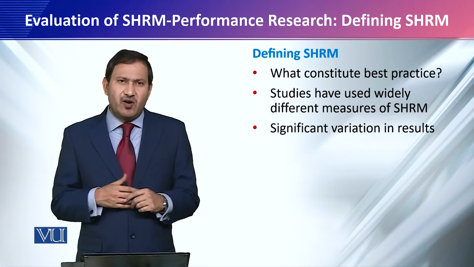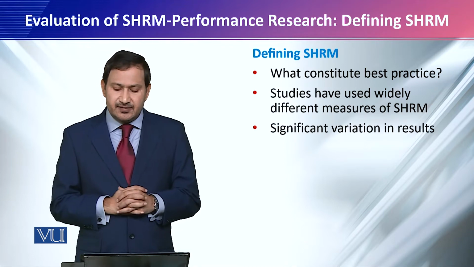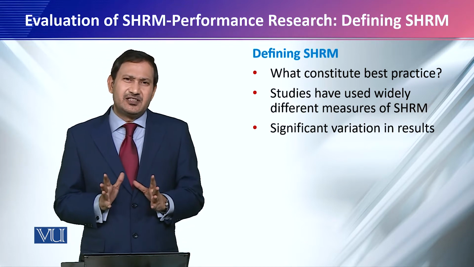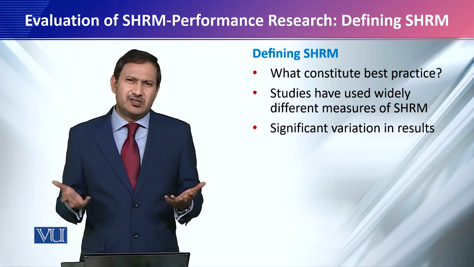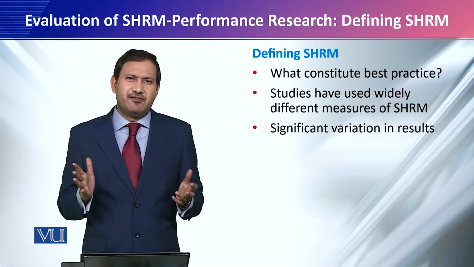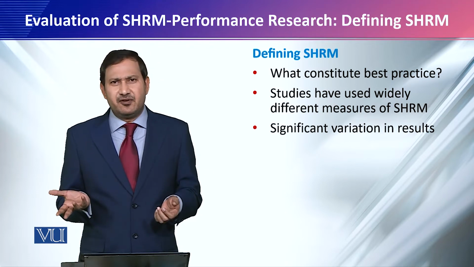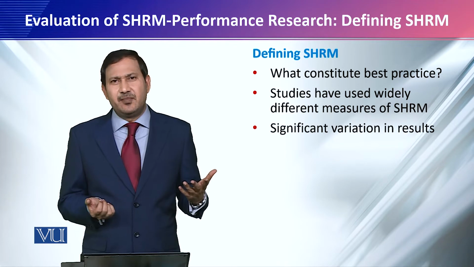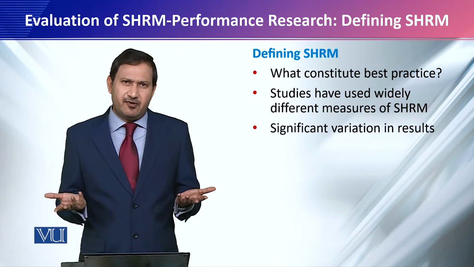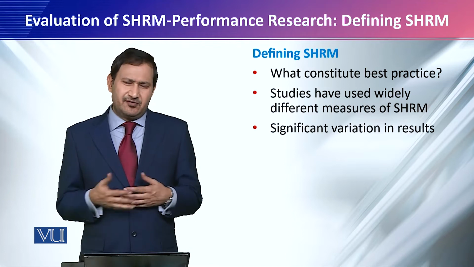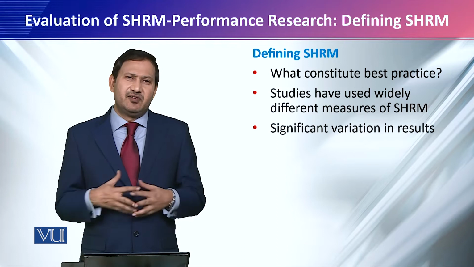Studies have used widely different measures of strategic human resource management, with significant variation in results. If you recall the last module, we saw that some studies have found a weak link between HRM and organizational performance, while others claim a very high or significant increase in organizational performance in terms of turnover, profitability, and return on investment.